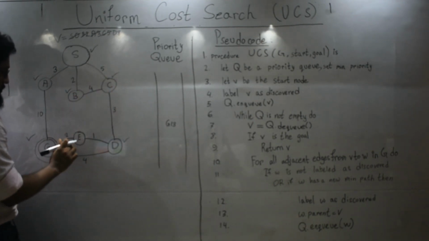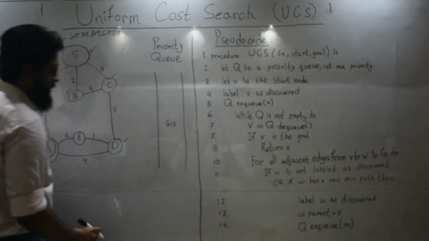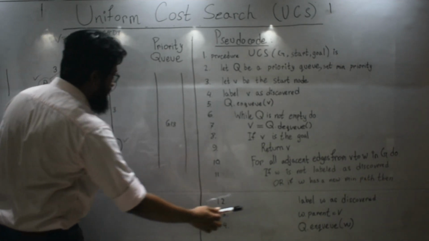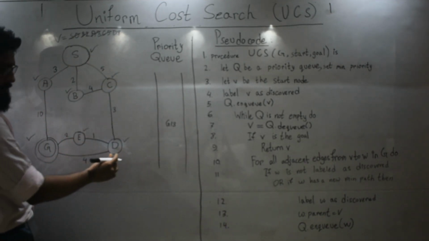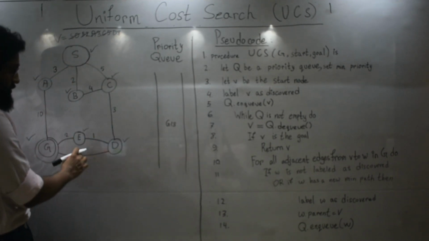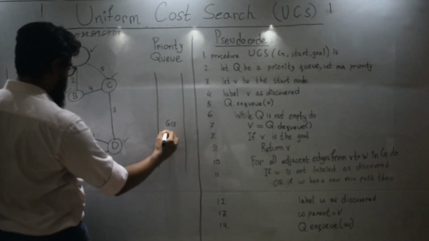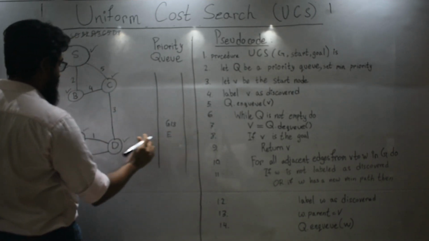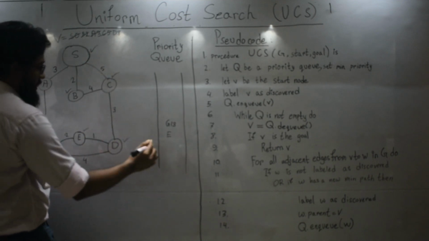Let's consider these two. E has not been discovered yet. So let's enter this and perform these. So let's label E and then establish its parent as D and NQ. So let's NQ E. And E has a path cost of 5, 8, 9.